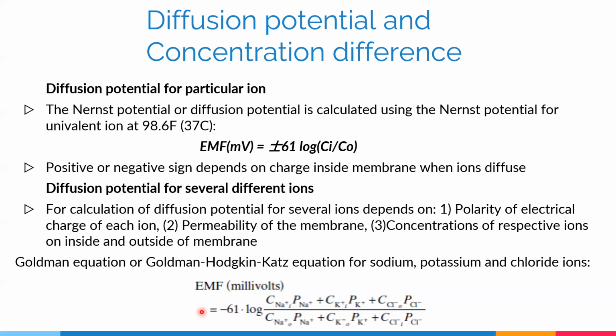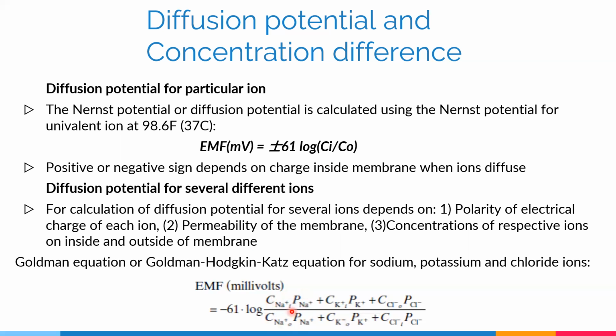Thus, the Goldman equation is given right here, which gives EMF again in millivolts as minus 61 into the log of the concentration of the particular ion inside the cell membrane into the permeability of the particular ion, and summation for all the ions present. Similarly, the denominator of the logarithm is the concentration of the particular ion outside of the cell membrane multiplied by the permeability of the particular ion, and summation for all the ions that are present.